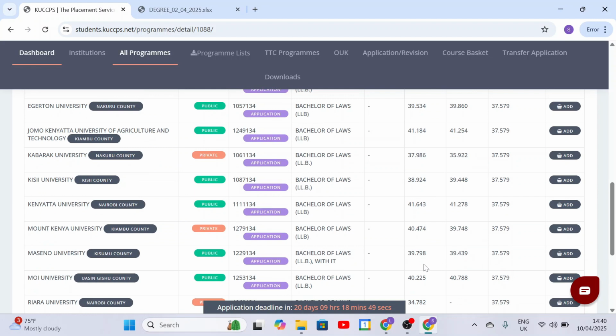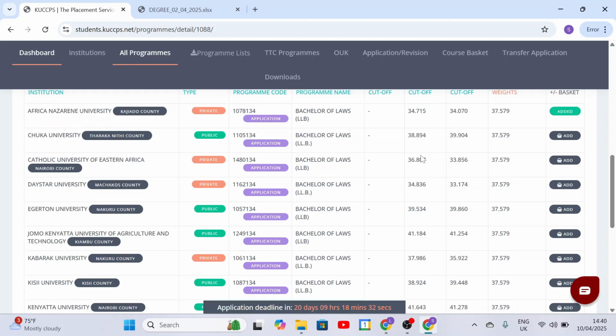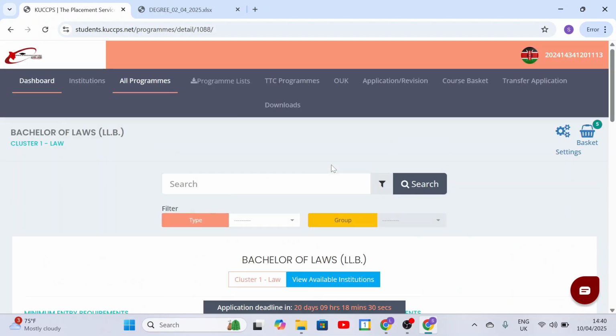But as you can see, most of them are having a spike in terms of the cluster points. So it will be wise for you to go for those courses that suit your cluster weights.